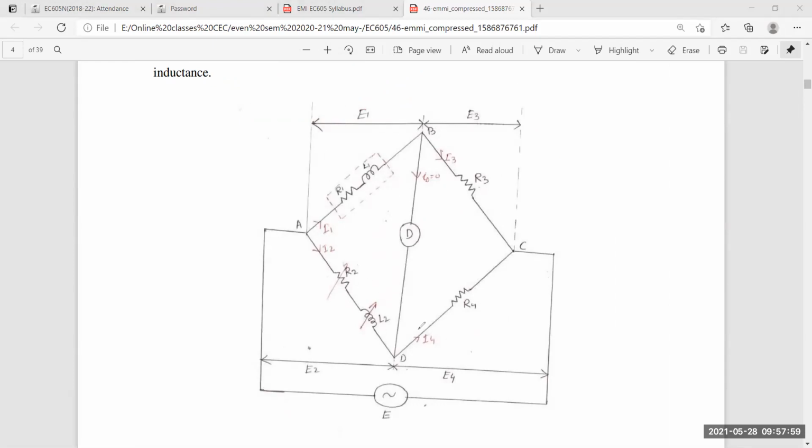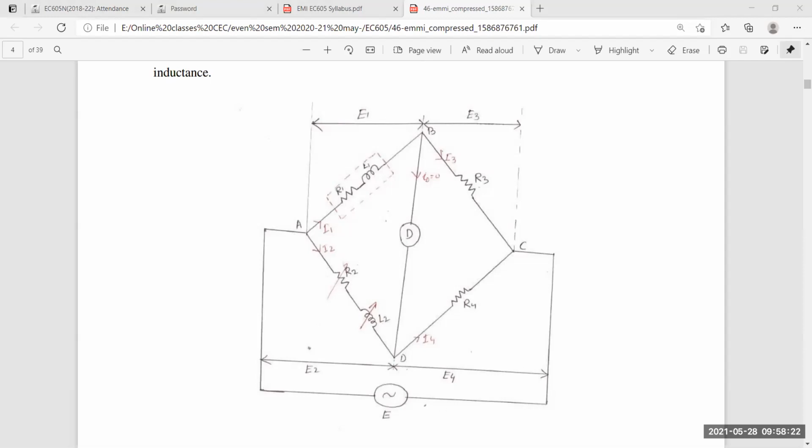In this bridge, I need to find the value of the unknown inductance by comparing it with a variable standard self-inductance. In this particular figure, the bridge is under balance condition.